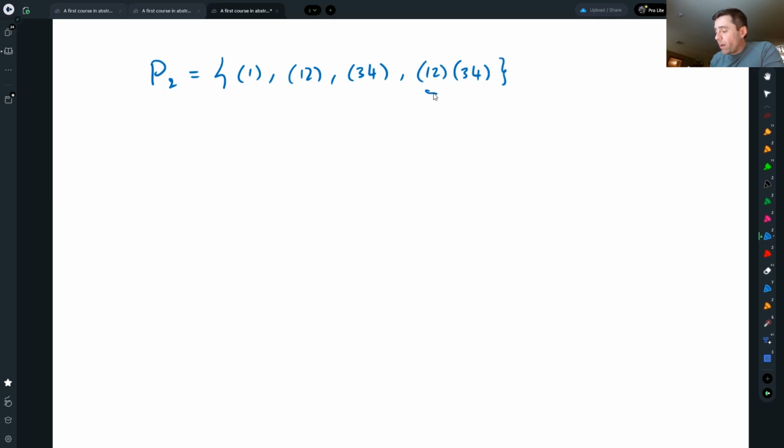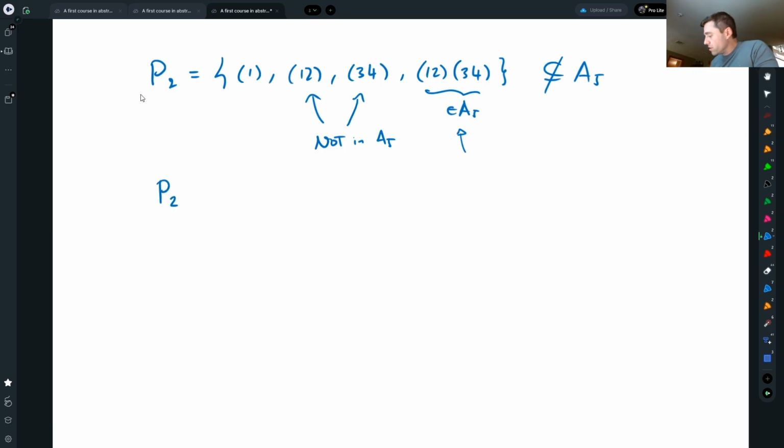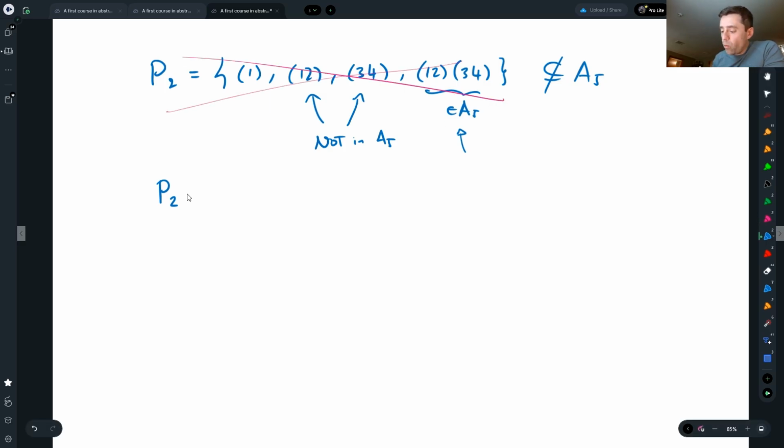This one is in A5 because it's a product of 2 transpositions, but these are not in A5. So this is not a subgroup of order 4 in A5. At best, I can get a subgroup of order 2 in A5. So it does tell me that this is an element of order 2 in A5. I can't use this, but I can get that idea to come up with another one.